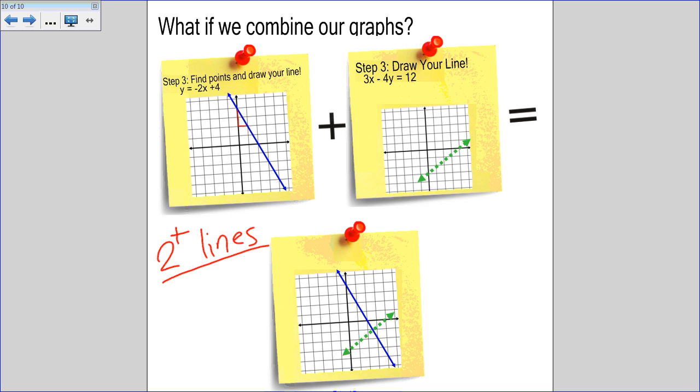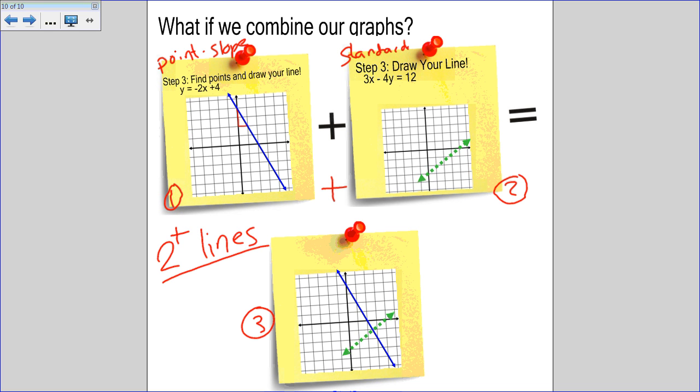The first line we looked at in point slope form, and the second line we looked at in standard form. So when you're looking at systems of equations, you're taking one line plus the second line. You're combining them to get this answer. This is step 3, our answer.